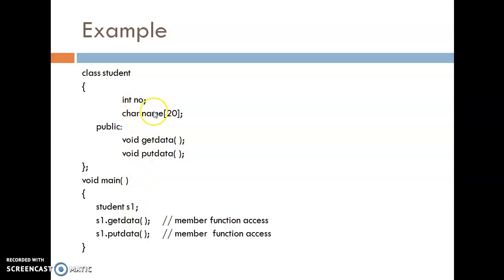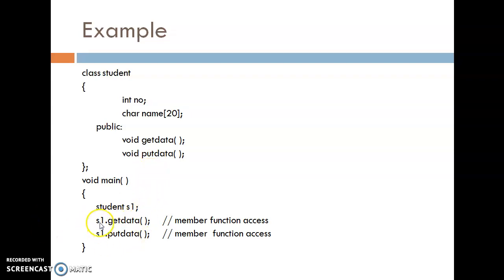This number and name we cannot access from outside the void main. Why? Because they are private data members of the class. So we can use number and name inside this class only. But get data and put data are public member functions, so we can use both functions outside the class.